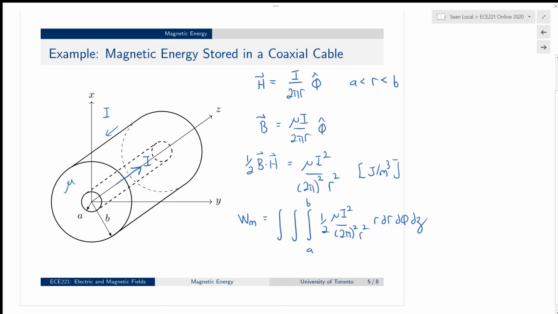The middle integral is over phi, done between 0 and 2 pi. And the last integral is over z, the length of this cable. So perhaps we should indicate, as we have before, the length of our coaxial cable here. Let's say that it's L, and that this face is z equals 0. Then we begin at z equals 0 and integrate over the length.